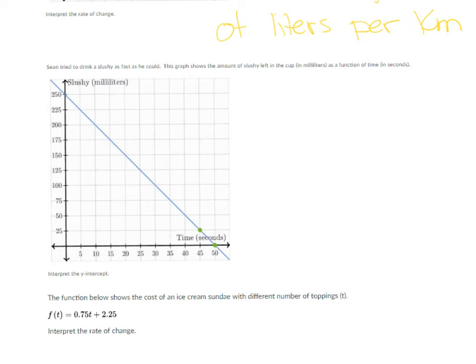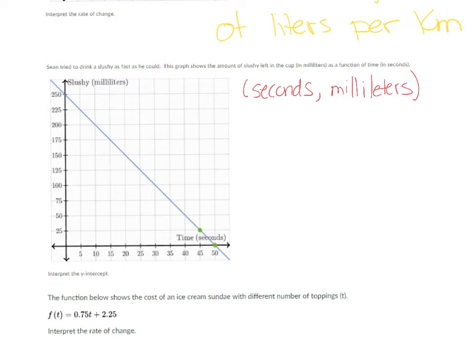So here we know that our x value, our independent variable, is the amount of time that's being measured in seconds, and that our y value is the amount of slushie that is in the cup, and that is being measured in milliliters.